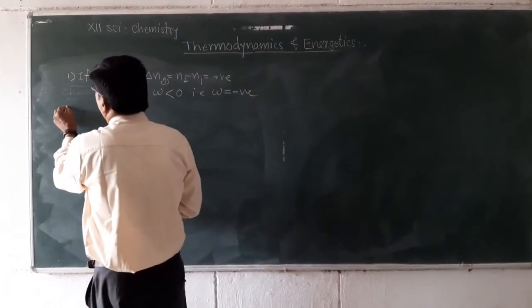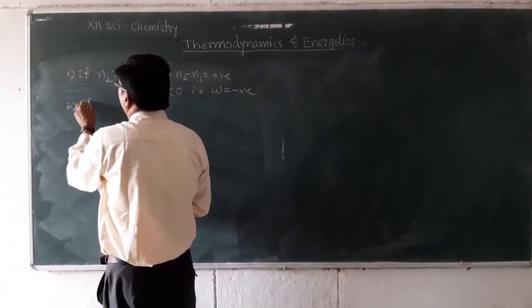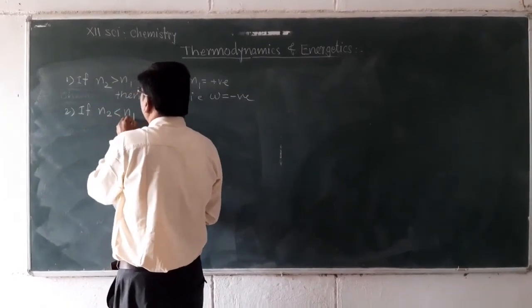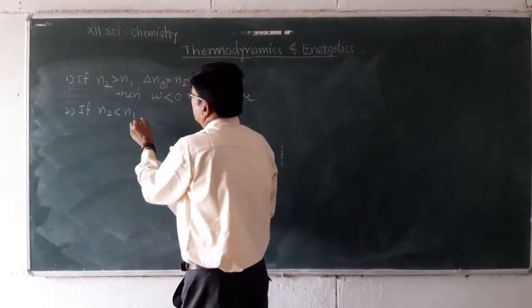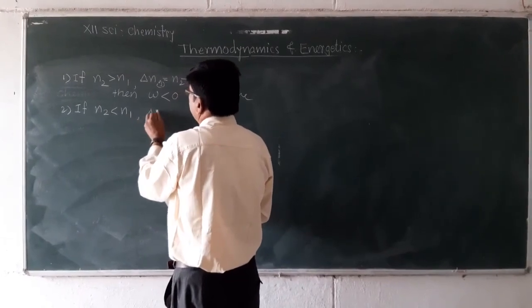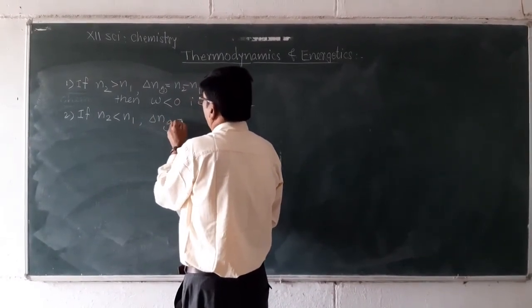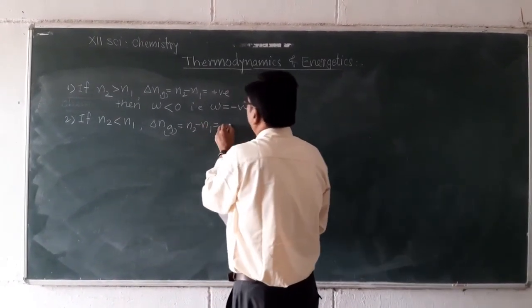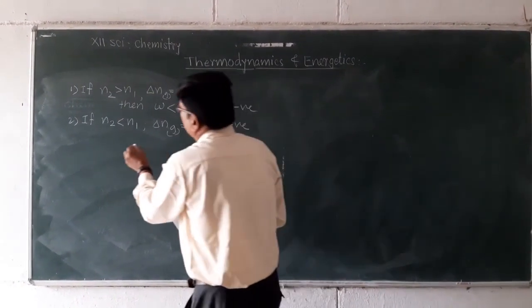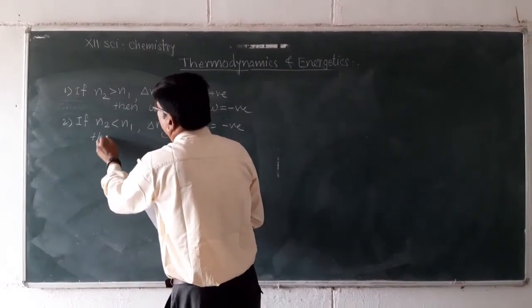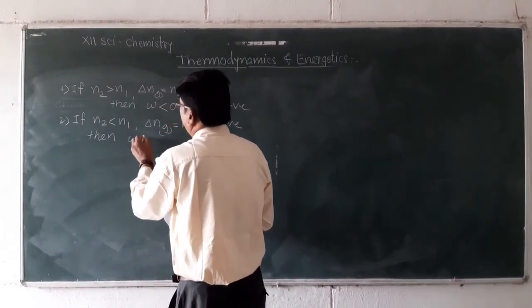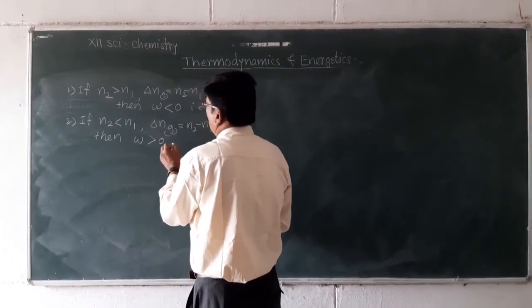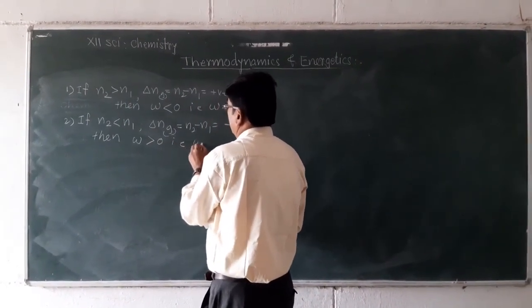Second point, if N2 is less than N1, then delta Ng, which is N2 minus N1, will be negative. Then W will be greater than 0, that is W positive.